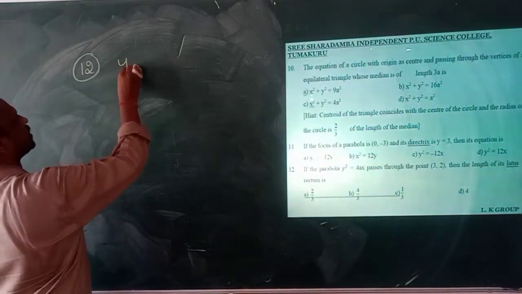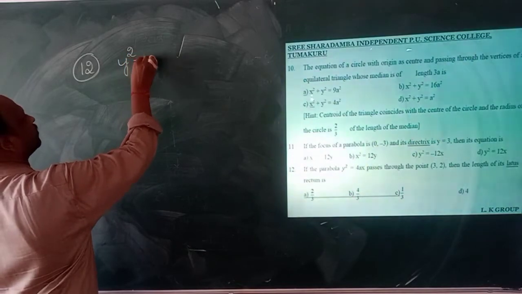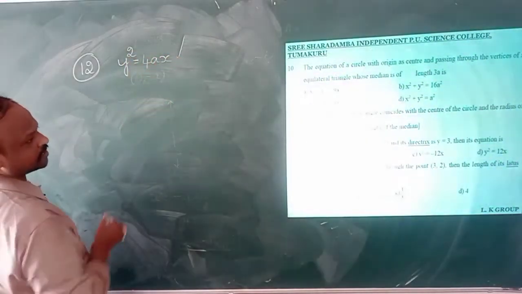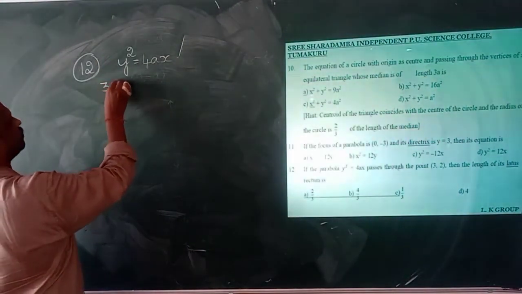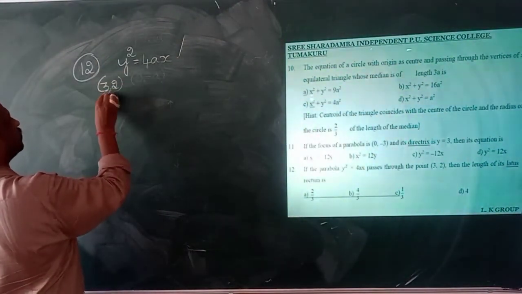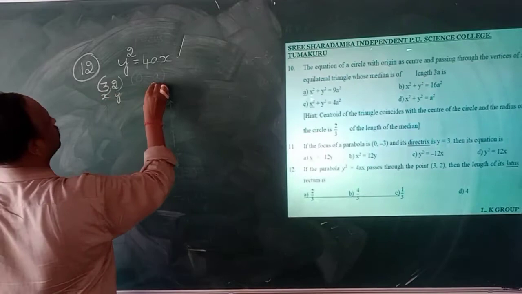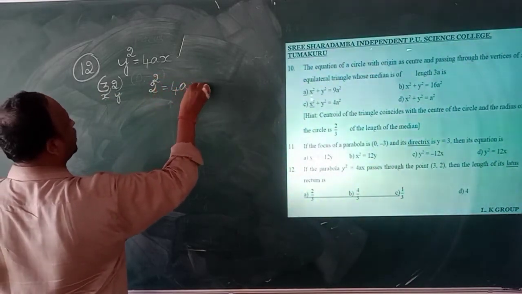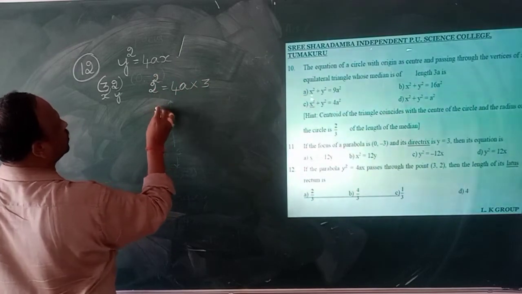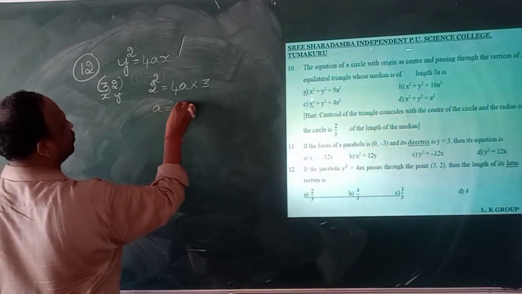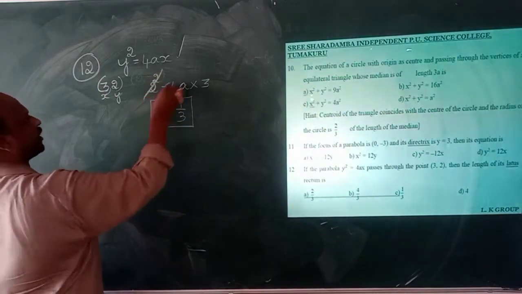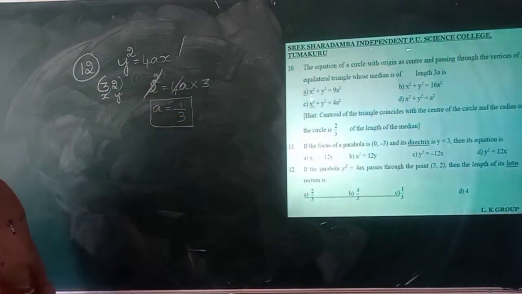Y square is equal to 4ax, a parabola opening to the right, passing through (3, 2). Substitute x and y: 2 square is equal to 4a into 3. So a is equal to 1 by 3.